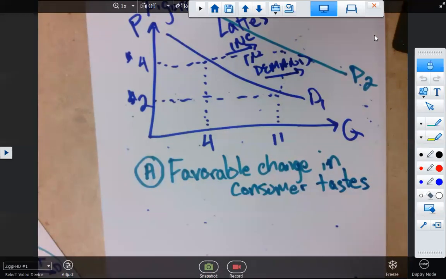So this could be that people just figure out that they like coffee, right? But it also could be that a study shows that coffee drinkers every day are at lower risk for a certain type of cancer. Or it could be our coffee shop started doing a special latte.